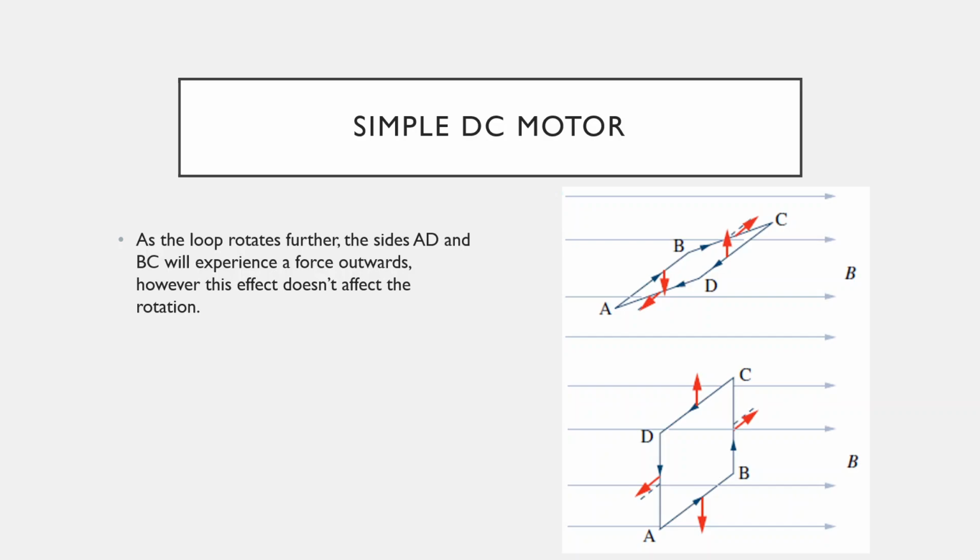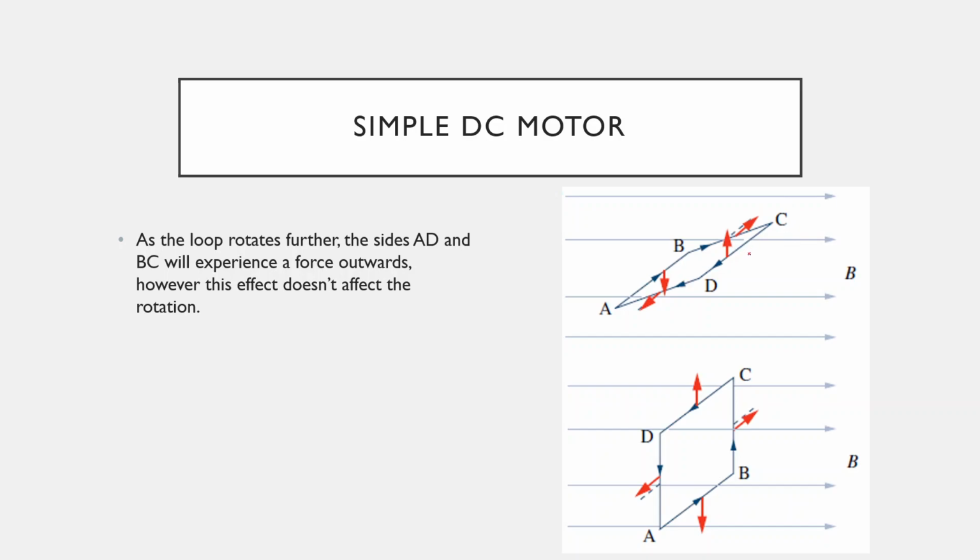There's no torque because they're not perpendicular to the axis of rotation, which means those two forces aren't going to affect the rotation of your loop. So these two forces on AD and BC, you can ignore them. Know that they're there, just know that they're not going to affect your rotation. Again, it's continuing to rotate anti-clockwise.